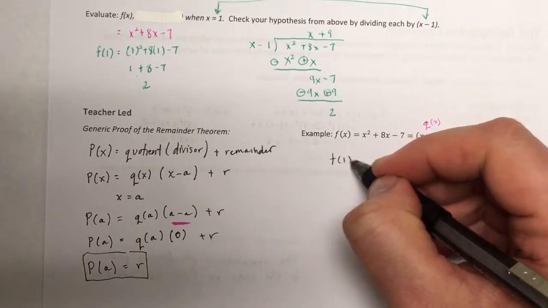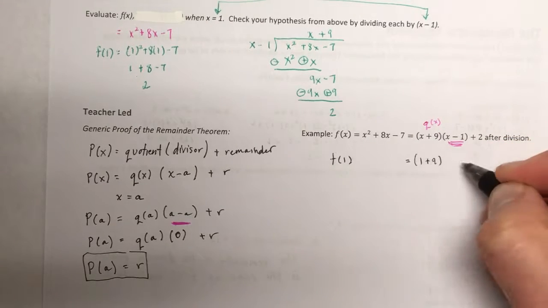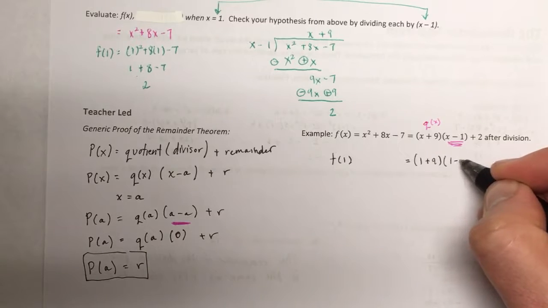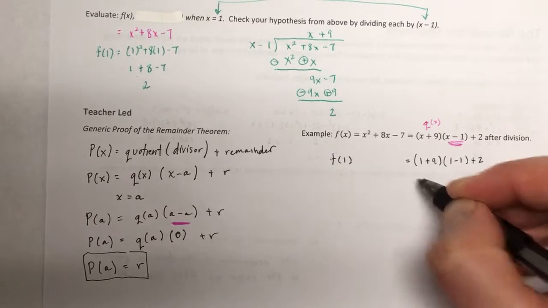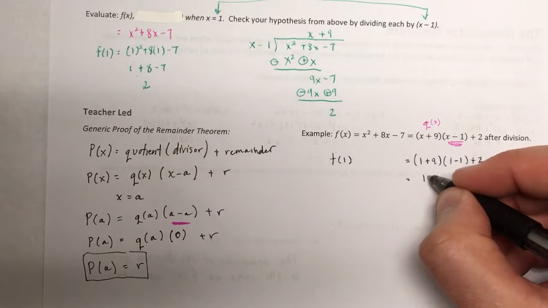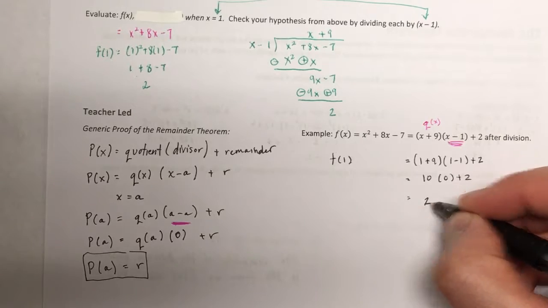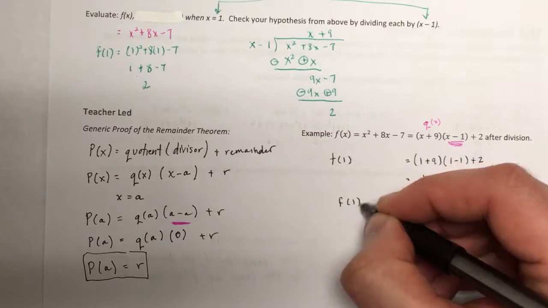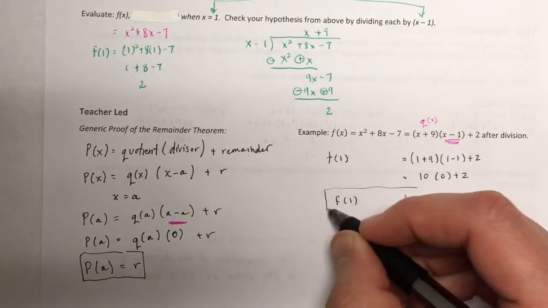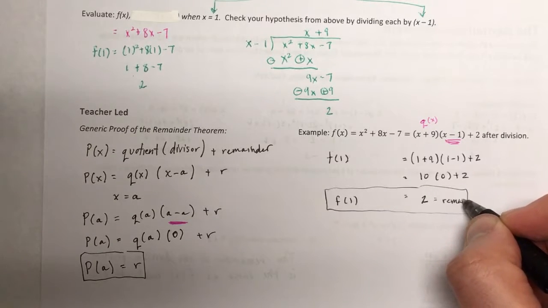So f of 1 equals, well, 1 plus 9, 1 minus 1 plus 2. 10 times 0 plus 2 equals 2. So f of 1 equals 2, which as a reminder is equal to your remainder.